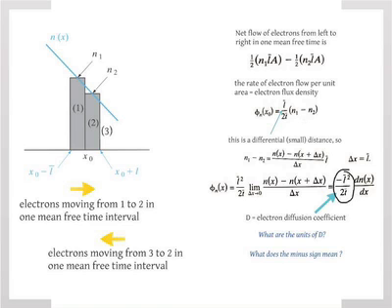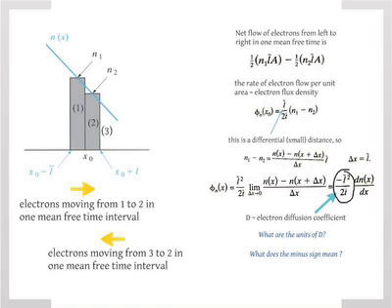Yes? What does the bar mean? Okay, good question. The bar typically in physics refers to average value, in general. So if I have to rigorously define these things, the way I would do it is the following. Let's talk about L bar.